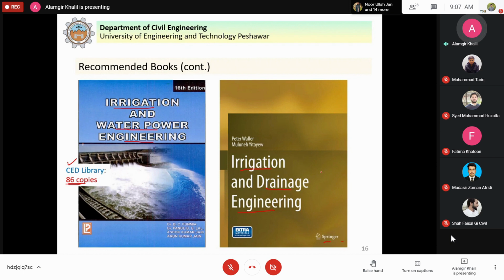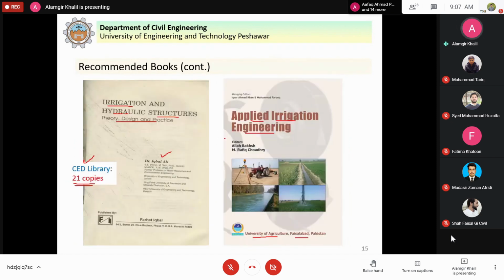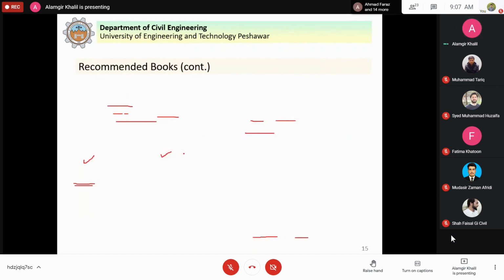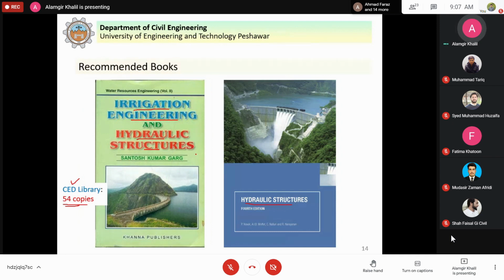Because in Pakistan, even today we are using the traditional methods, the infrastructure remains the same with very little improvements or modifications, and the irrigation methods still remain conventional. So that is why, in that context, we need to follow these books. Clear? These are well suited when we consider the subject in the context of Pakistan.